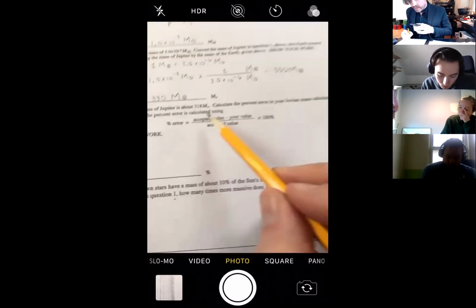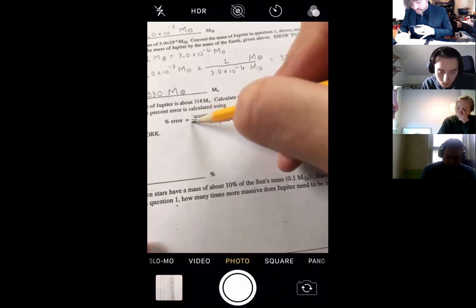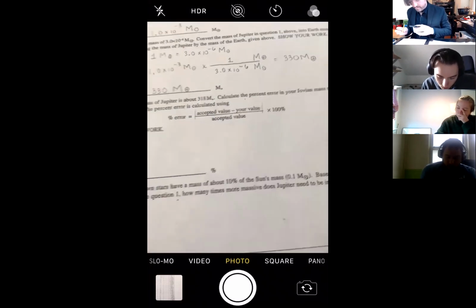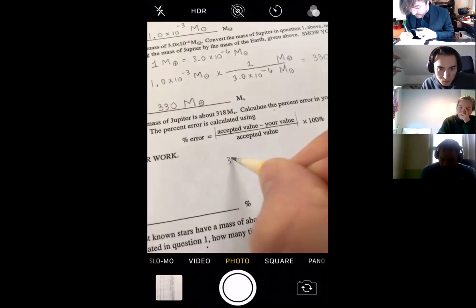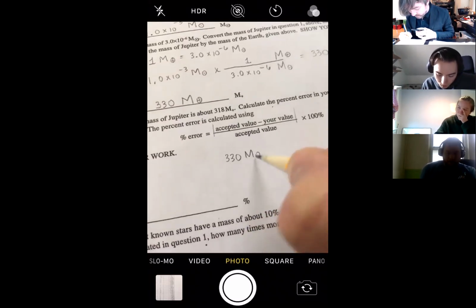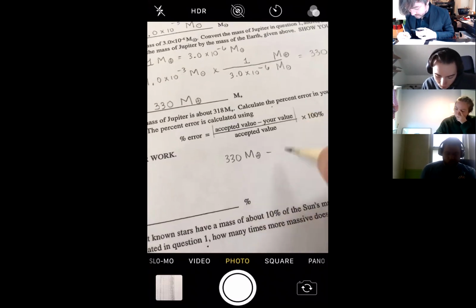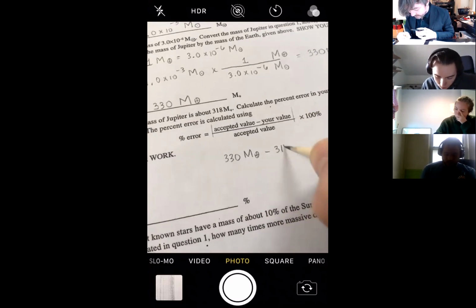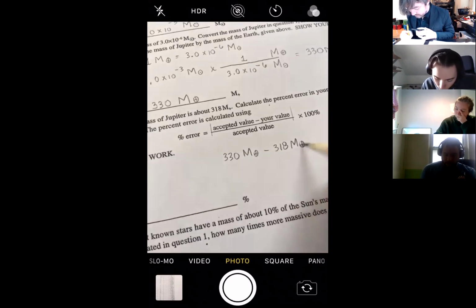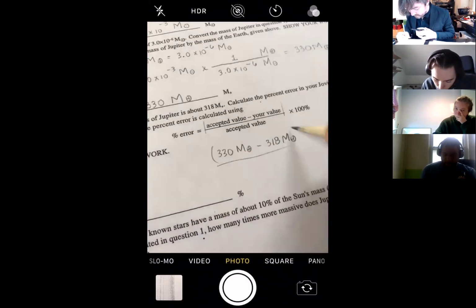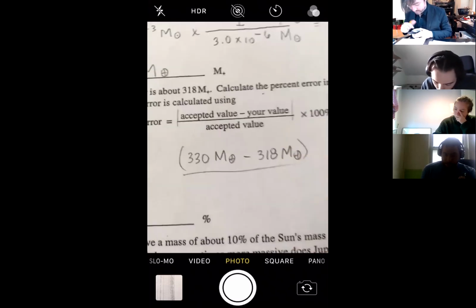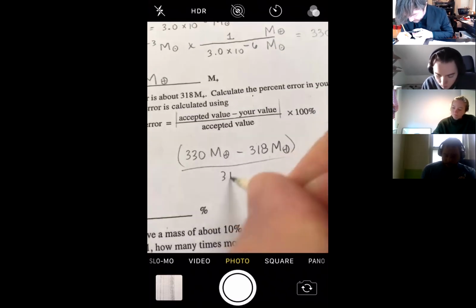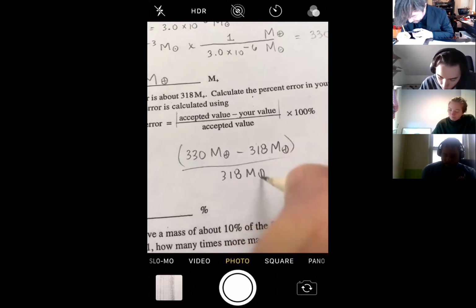The percent error is your answer minus the true answer, absolute value thereof, divided by the true answer. So we're going to rearrange this. We're going to do 330 Earth masses, we want a positive percent error, minus 318 Earth masses, in parentheses, all as a fraction of 318 Earth masses.